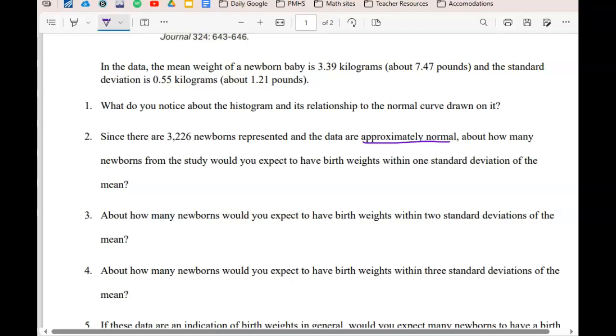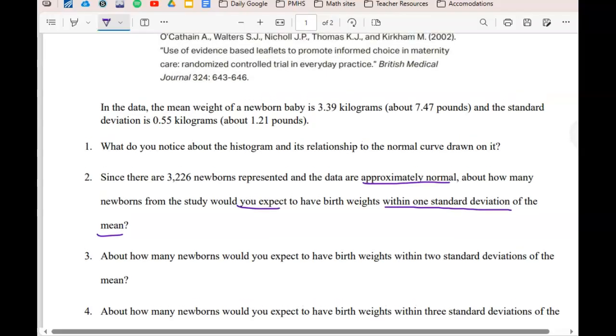About how many newborns from the study would you expect to have birth weights within 1 standard deviation of the mean? Exactly, what is it asking? How many newborns from the study would you expect to have birth weights within 1 standard deviation of the mean? Good, so let's use our empirical rule.